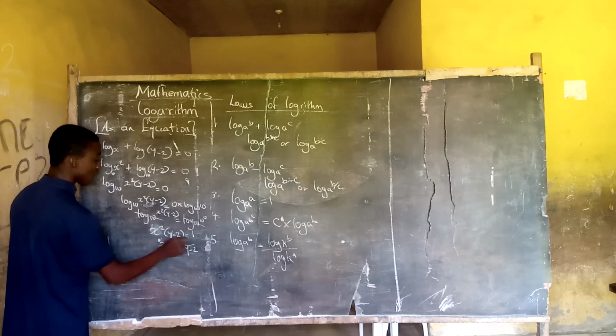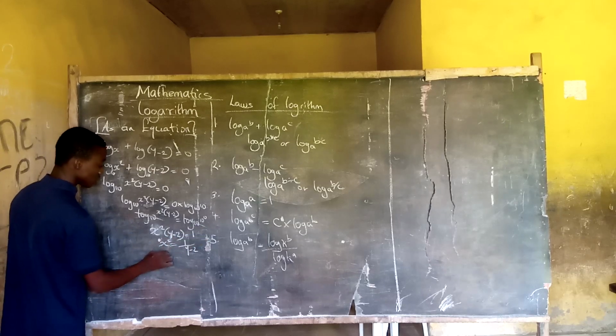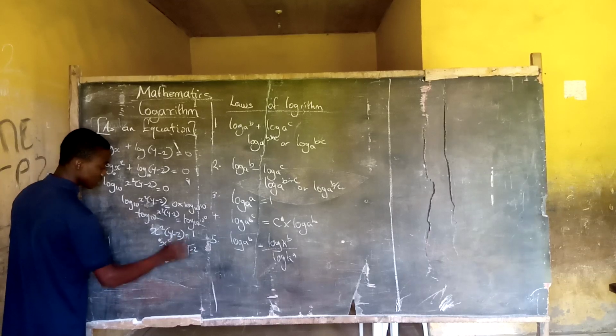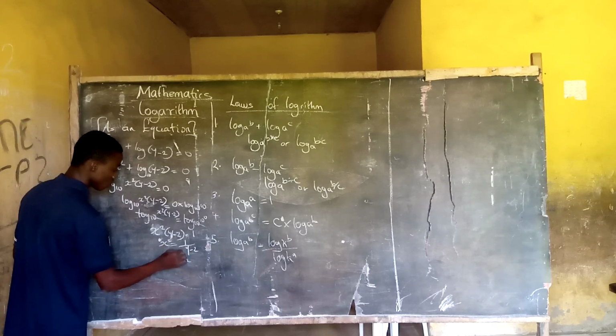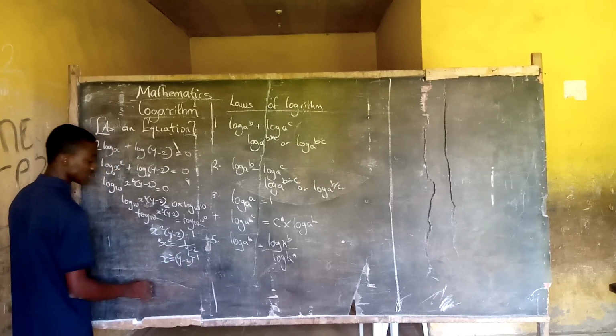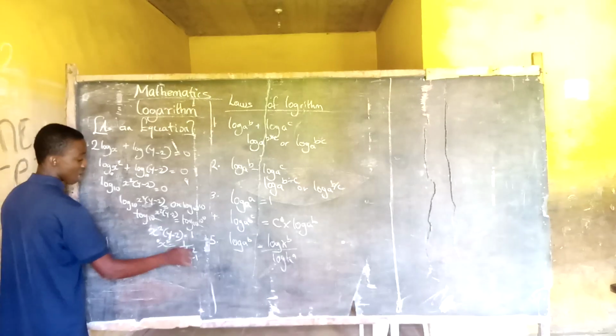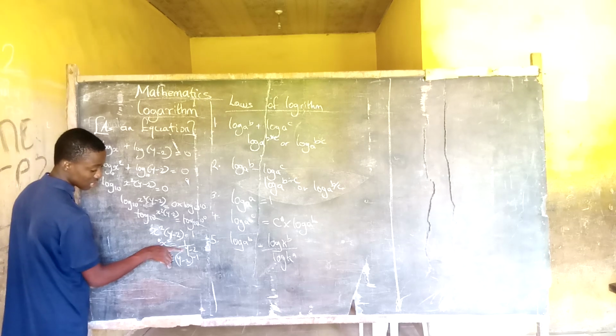Now I can rewrite this value, and it becomes x squared equals, taking this guy up, y minus 2 raised to the power of negative 1. Because it is this negative 1 that, if I remove it, I'm going to take it back to this situation.